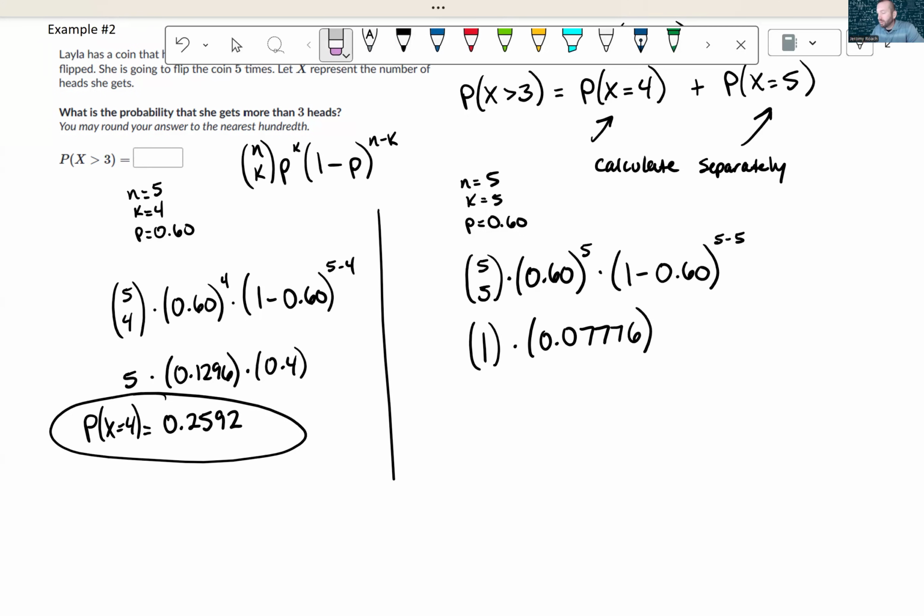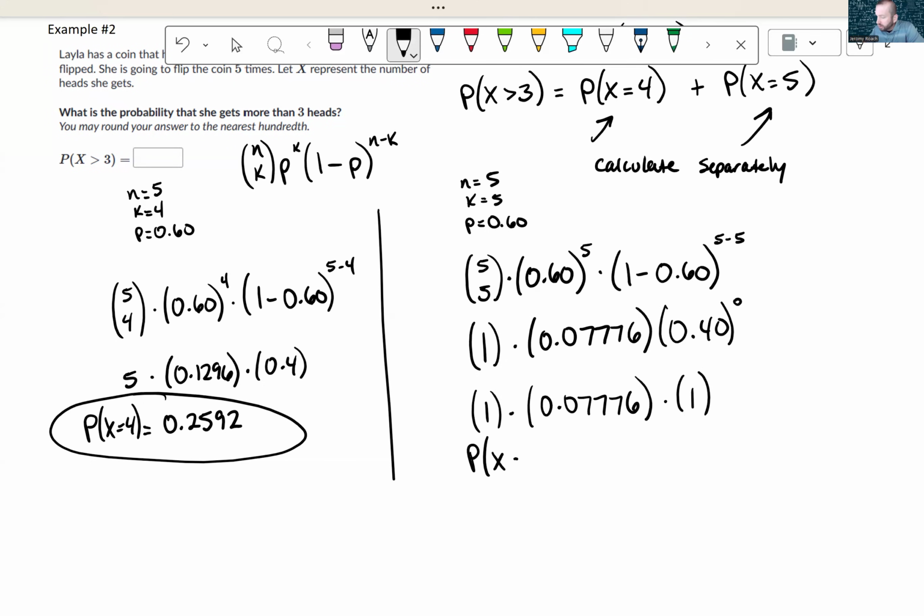And now this gives us 0.40 to the power of 0. Anything to the power of 0 is just 1. So now we just have 1 times 0.07776 times 1 again. And that gives us the probability that x equals 5 is equal to 0.07776.